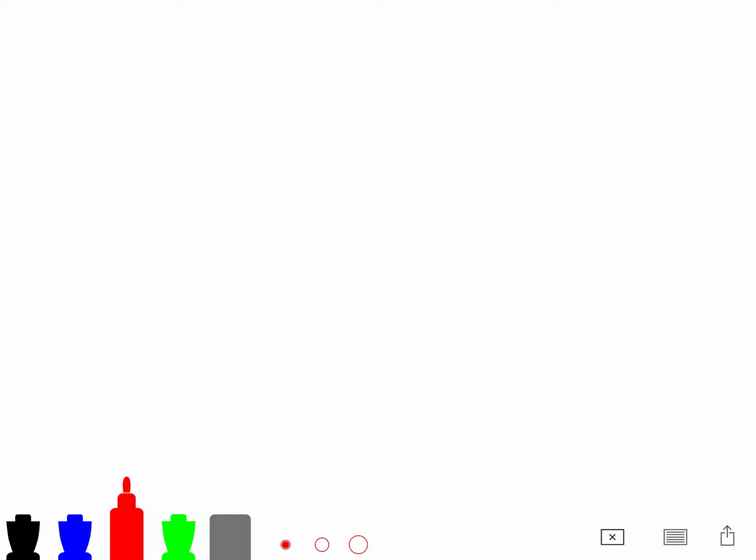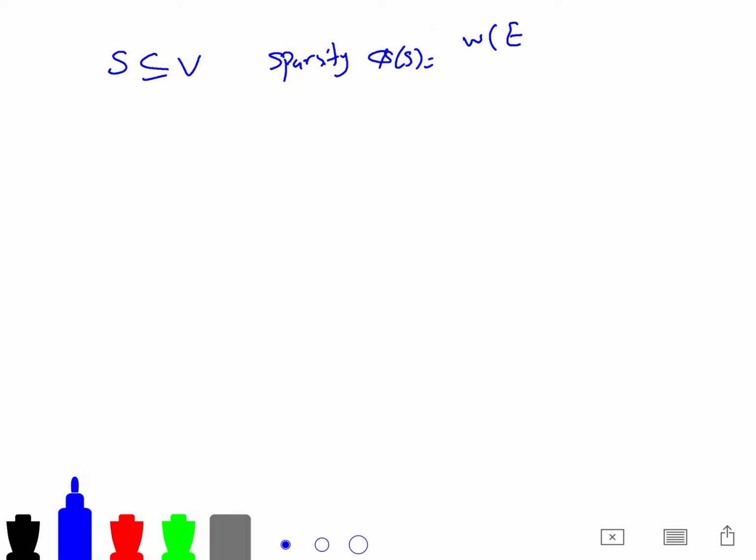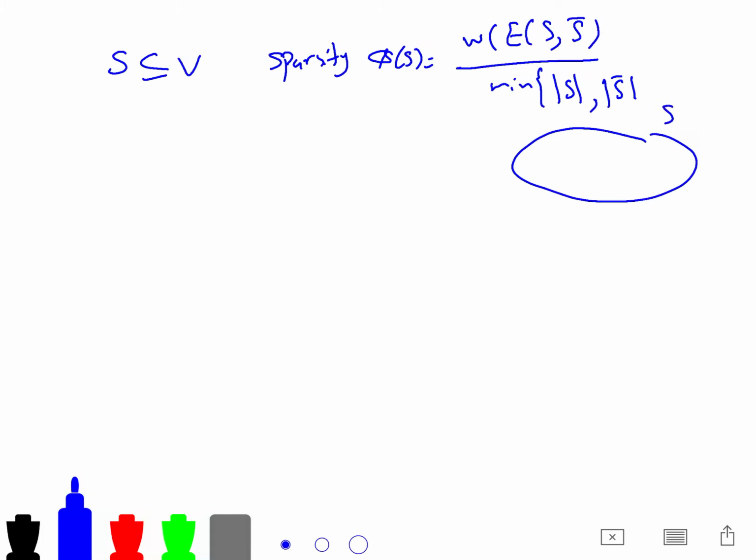Before talking about the meaning of that, let's see the relationship between two seemingly simple and similar ideas. In the sparsest cut problem, if S is a subset of V, we define the sparsity phi of S as the number of edges between S and S bar, divided by the cardinality of S times the cardinality of S bar. You know everything about this sparsest cut problem.